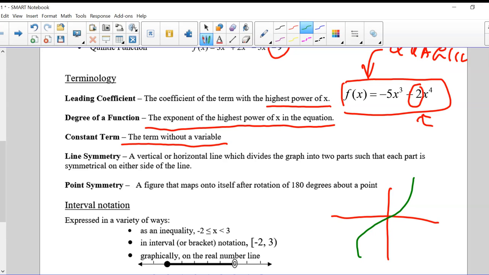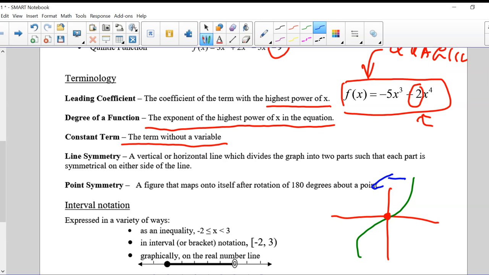This doesn't have line symmetry in the sense that there is no line I can draw horizontal or vertical where one side is exactly the same as the other. But think about this. If I were to take this line that you're looking at right now and put a pin right here in the graph, right at the origin, and twist it through 180 degrees in either direction. So this part here, right at the top here, would be moving, let's say, this way.